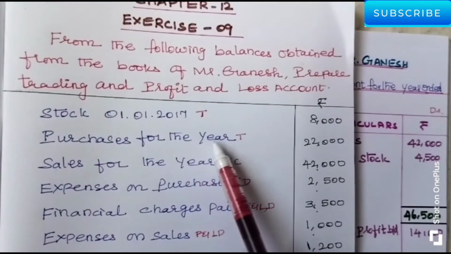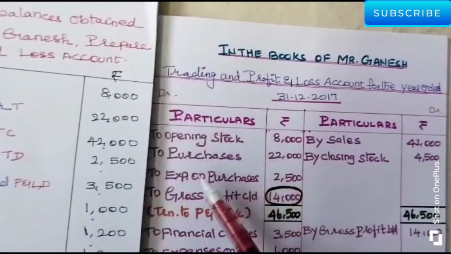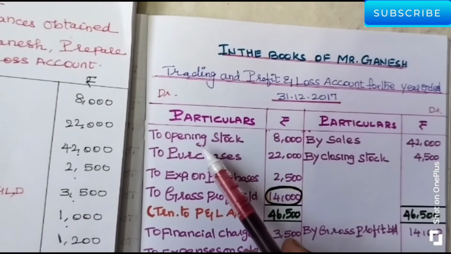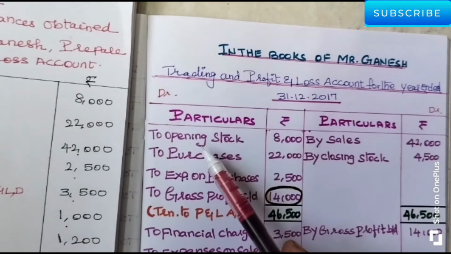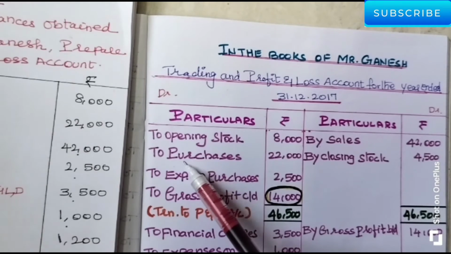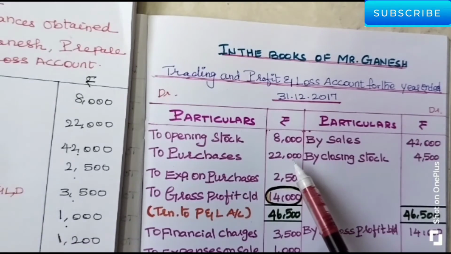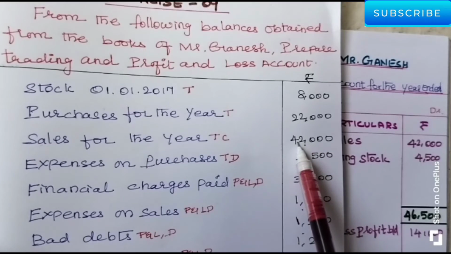Then purchases for the year 22,000, we are going to enter on trading account debit side. To purchases after entering opening stock. Listen, on trading account debit side the first entry is opening stock, the second entry is purchases. Okay, to purchases 22,000 entered. Then sales for the year 42,000.